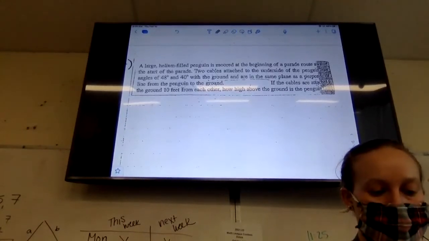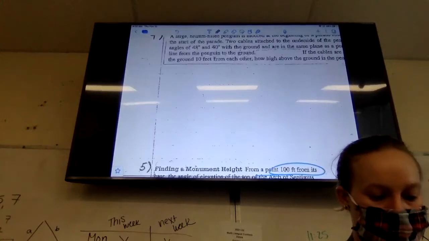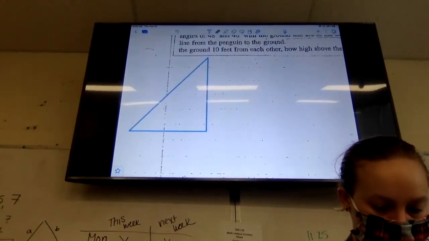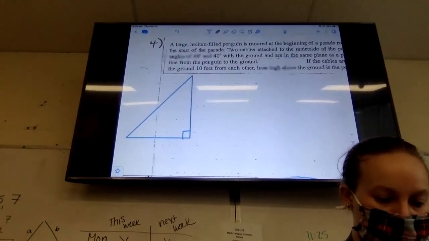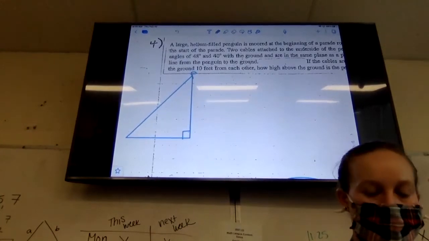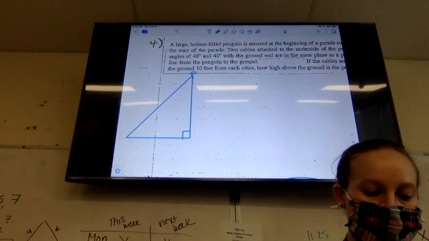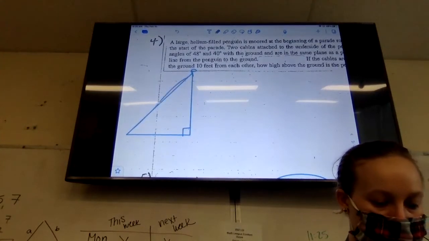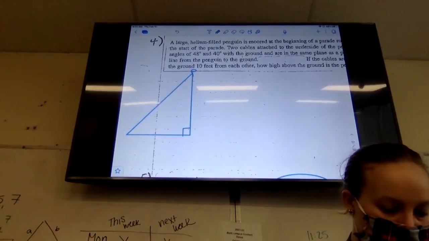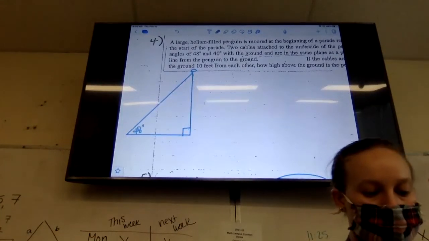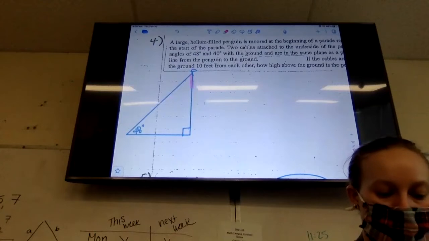It's going to look a lot like the picture we drew on the last problem. I'm going to draw a big right triangle. This is my penguin at the top. If I was more skilled and could draw a penguin, my penguin would be at the top of that triangle. And one of my cables, this hypotenuse line right here, that cable is at a 48-degree angle, bless you, from the perpendicular.